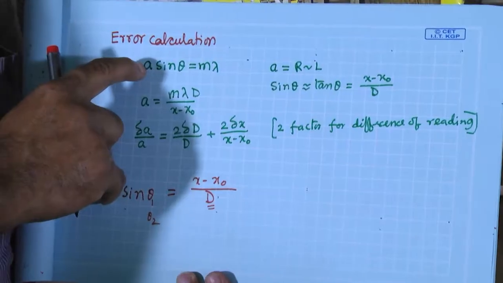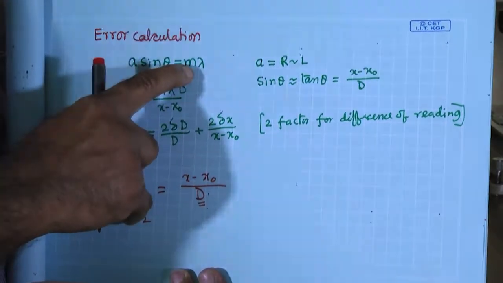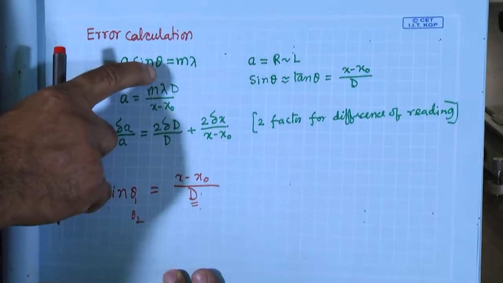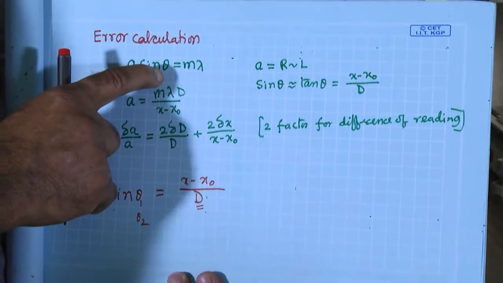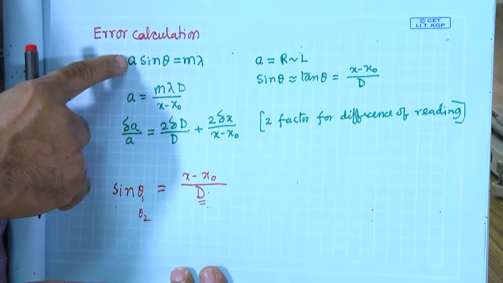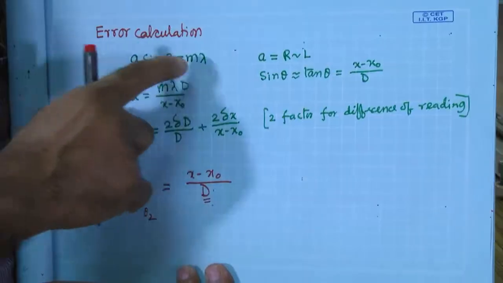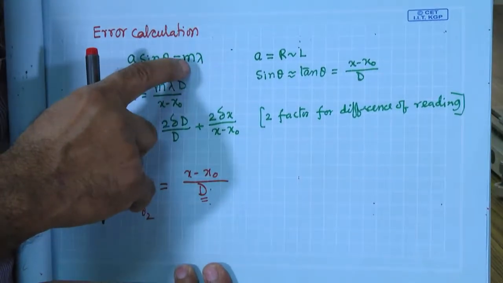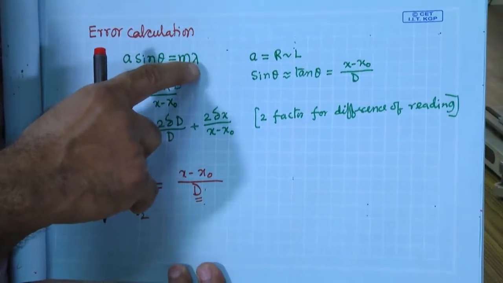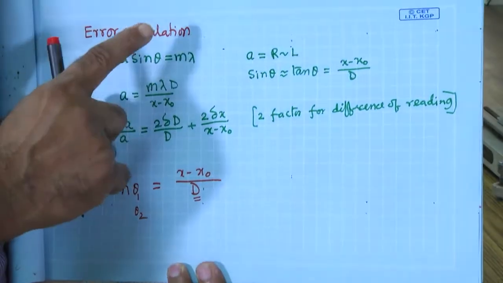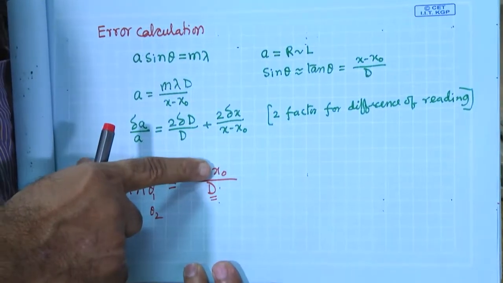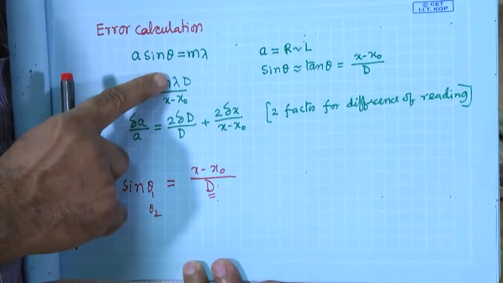If a increases, for the same order, theta will decrease, since it has to be lambda for the first order minima.